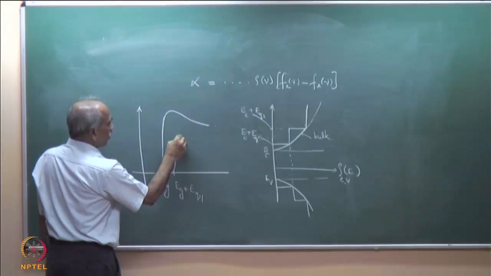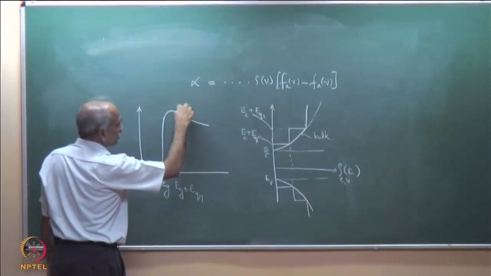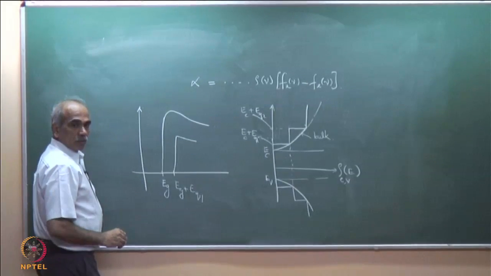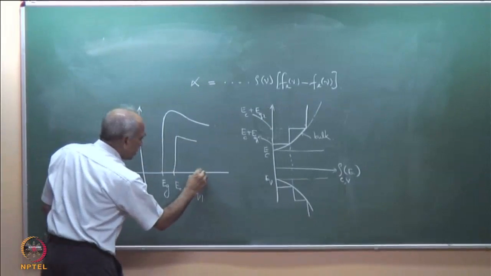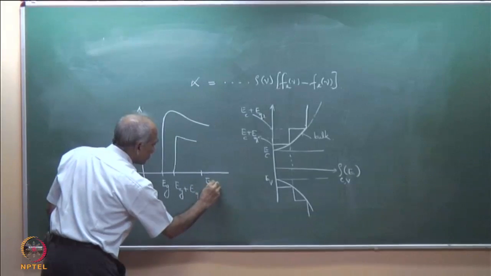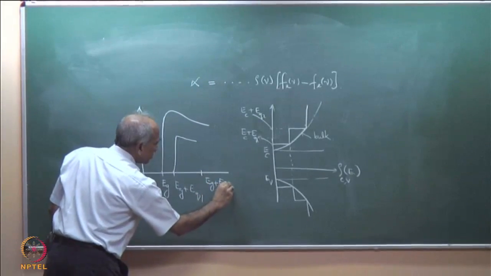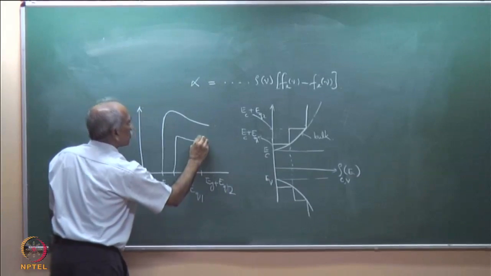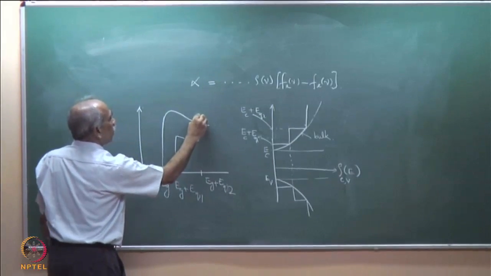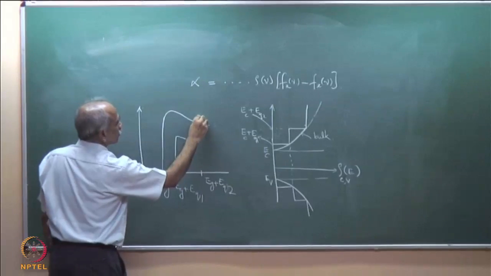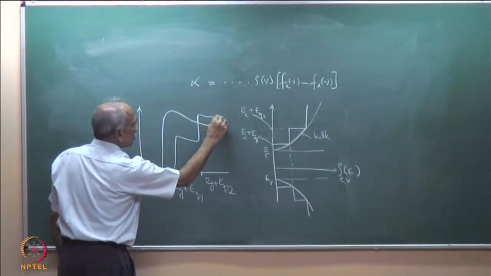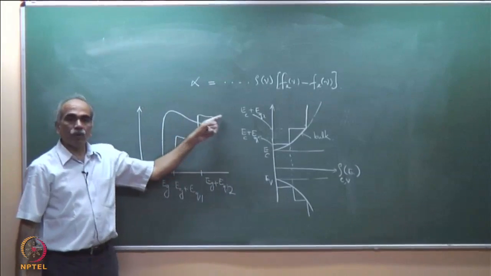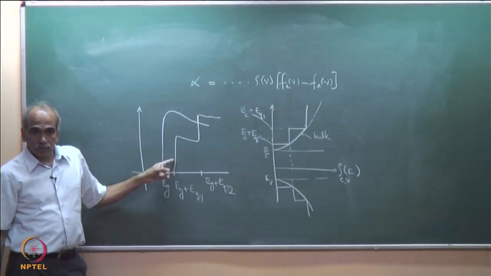Then the absorption remains almost constant except for the 1 by h nu square dependence, almost constant till Eg plus Eq2, and then the absorption again jumps almost vertically, and then it remains constant. A step like variation of the absorption coefficient.